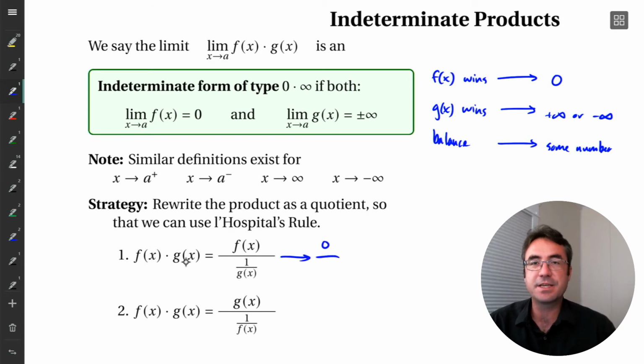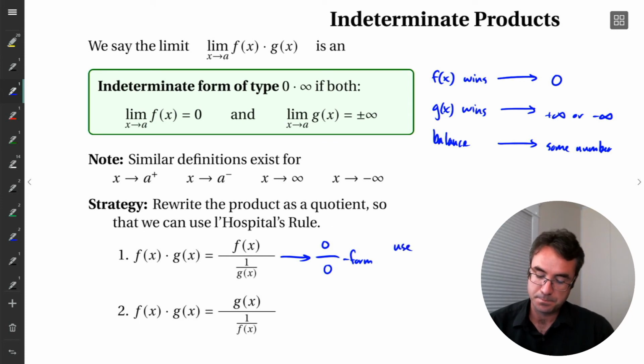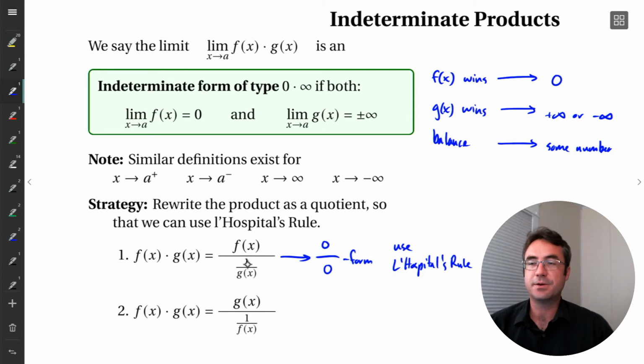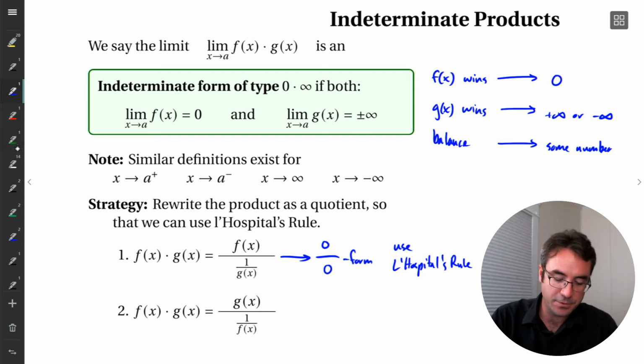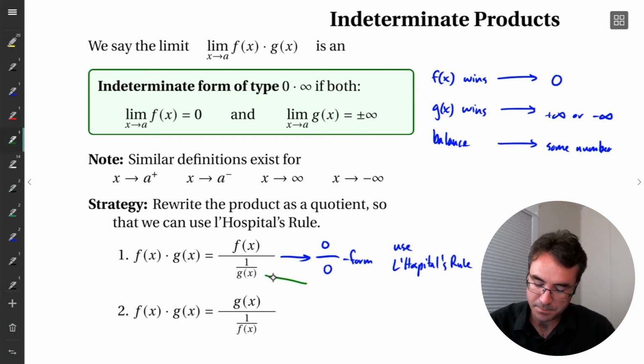And if g is the thing that's getting really large positive or really large negative, then this is a c over infinity form, so that goes to 0. And 0 over 0 form means we can use L'Hopital's rule. So that's always nice. This 1 over g of x, if g is going to infinity, then this is a c over infinity form.